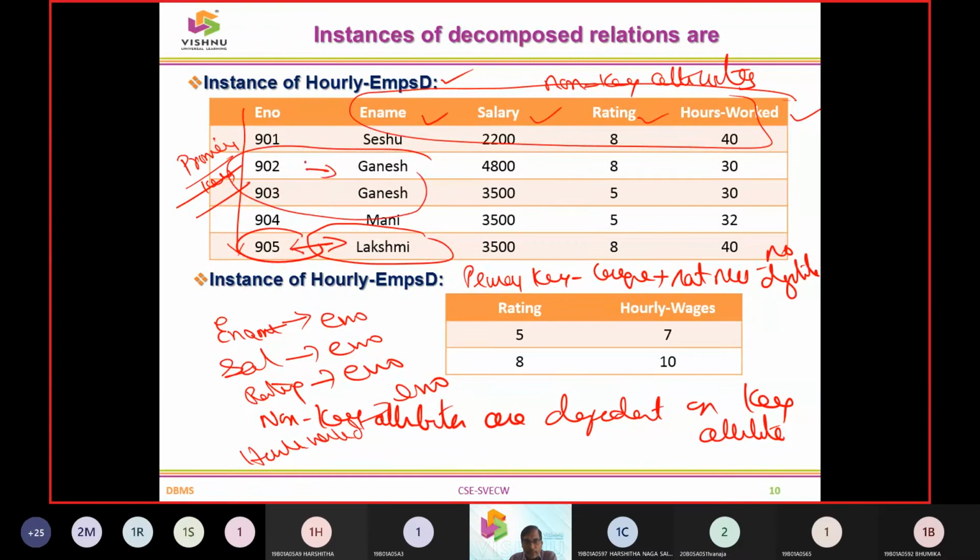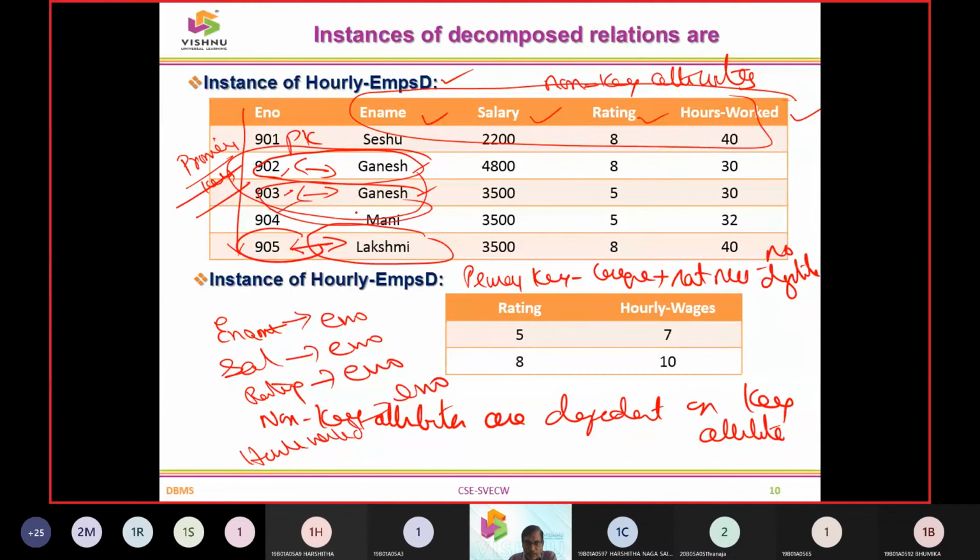Can an organization have two employees named Ganesh? Yes. But can an organization have 902 and 902? No, the reason being we are using the primary key here. But the number and name are associated.